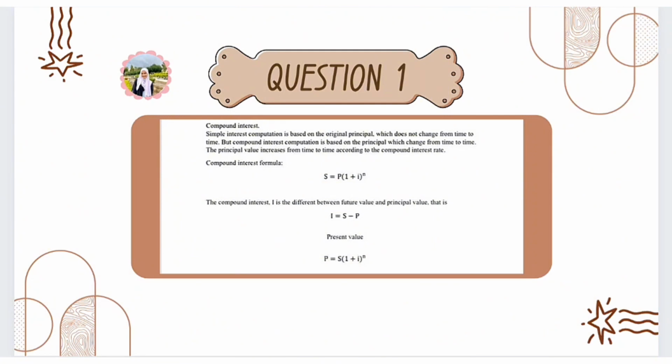For the compound interest formula, S equals P(1 + i)^n. The compound interest I is the difference between future value and principal value, that is, I equals S minus P. Present value P equals S divided by (1 + i)^n. And that's it for compound interest.